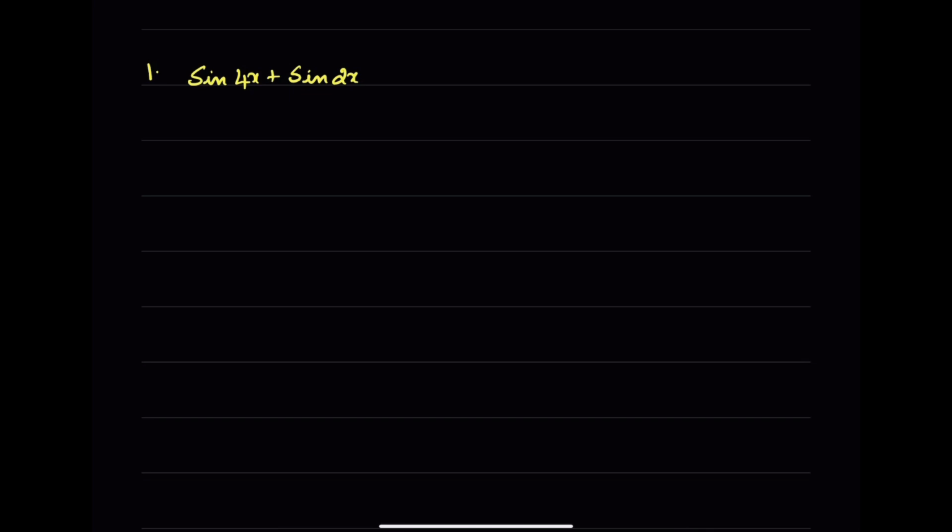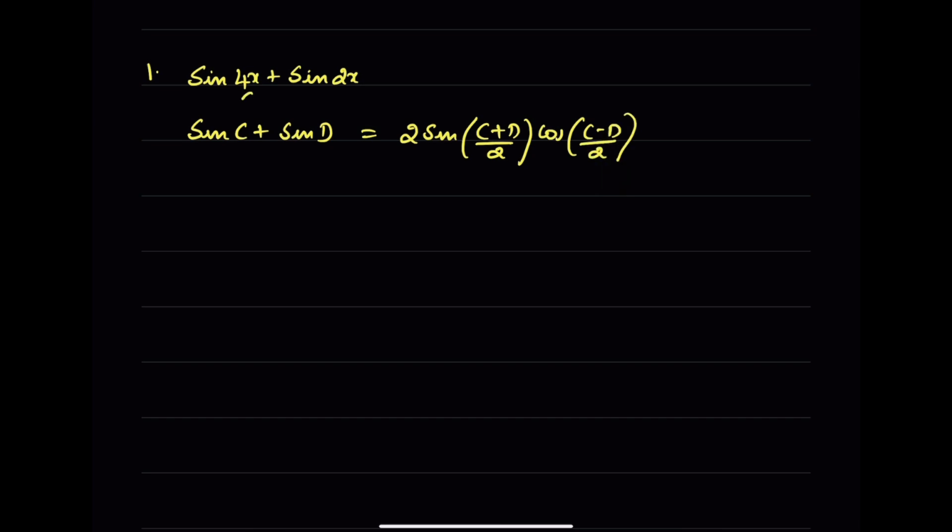The first one, we have to express sin 4x plus sin 2x as a product. So we consider this to be of the format sin C plus sin D, which is equal to 2 times sin of (C plus D) by 2 and cos of (C minus D) by 2. So we are considering this to be C and this to be D. So we will have 2 times sin of (4x plus 2x) by 2, which is 6x by 2.